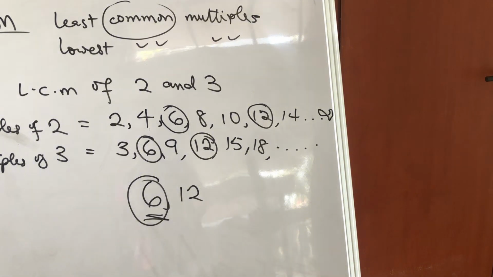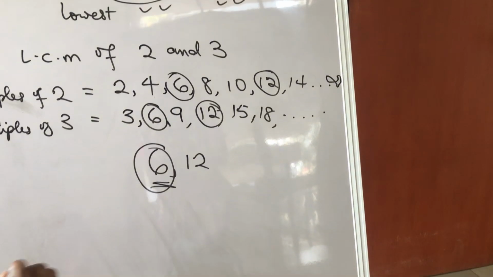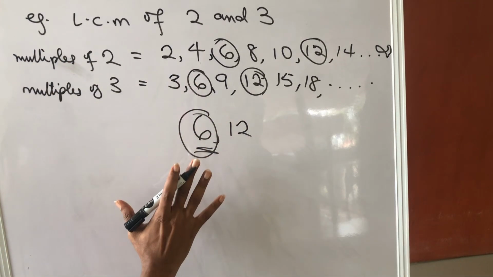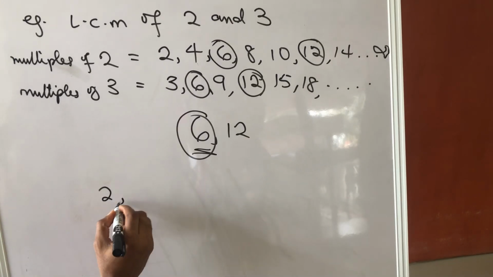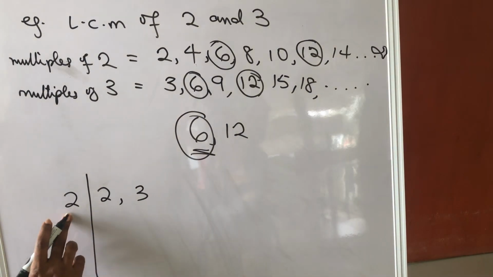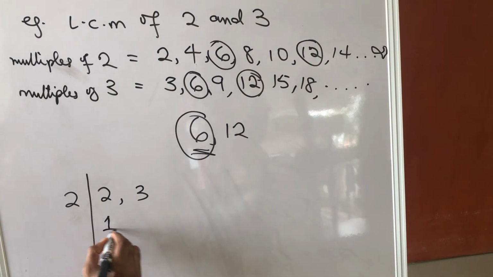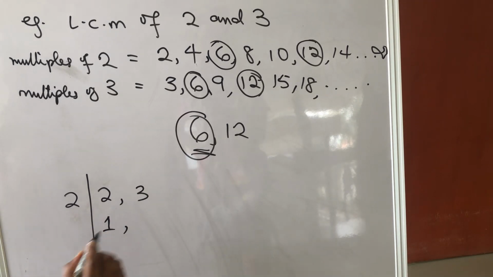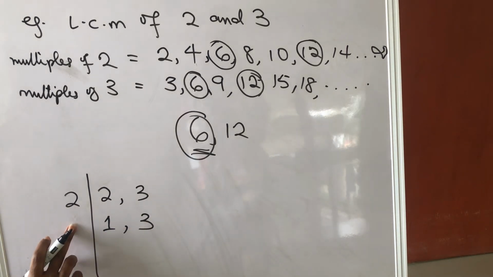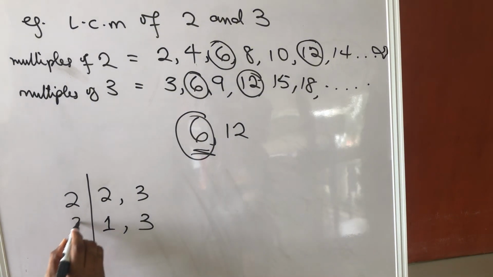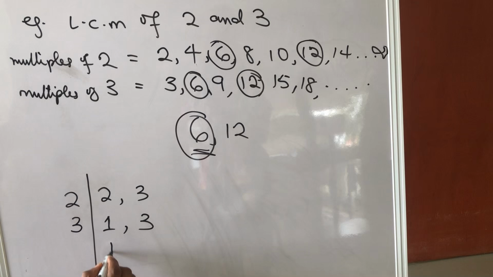Now, the way you solve it mathematically, without using this raw method, is you write 2, 3, draw your line, and then you start with 2. 2 into 2 will give you 1, 2 into 3 cannot go. In the LCM rule, if you can't go, you bring down your 3. Then the next one, you go again. 1 is already here, so 2 can't go again, so you use 3. 3 into 1, you bring down 1.